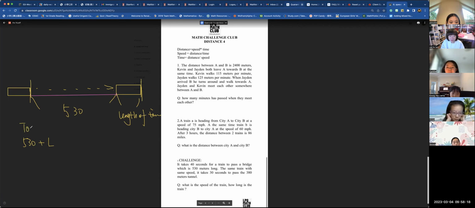That is the total distance. Do we know the speed of this train? No, unfortunately. But we can say it's x meters per second. It takes 40 seconds for this train to pass this total distance.